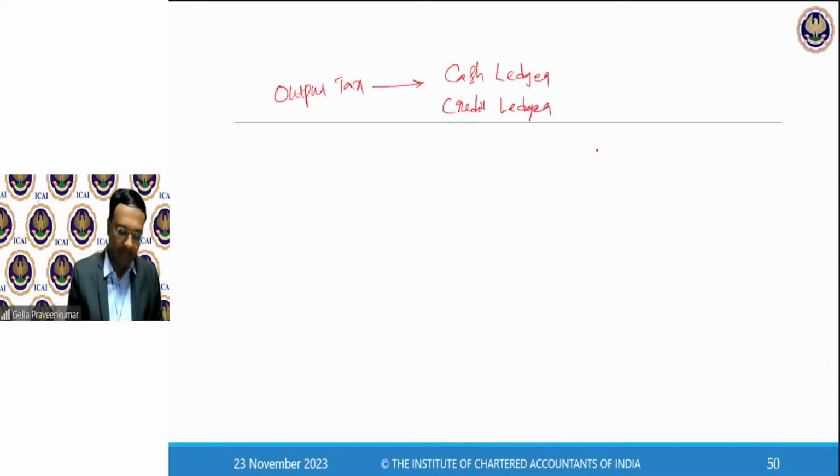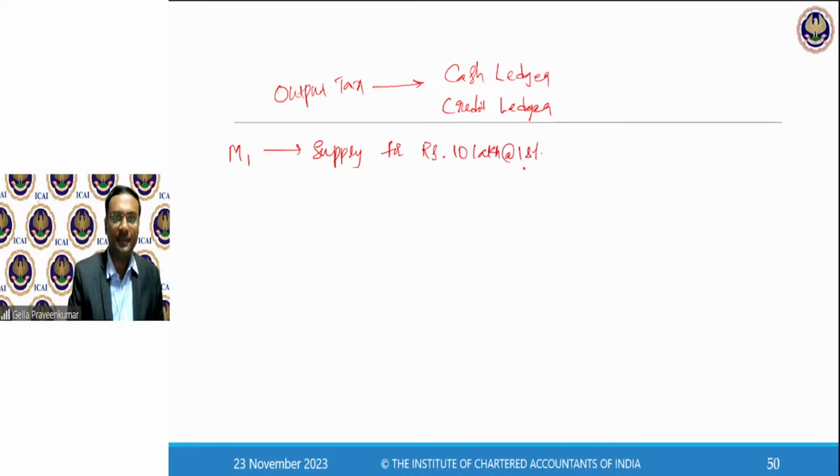This is how I make the payment. I gave an example where for month 1, there is a supply which was made for rupees 10 lakh at the rate of, say, 18%.